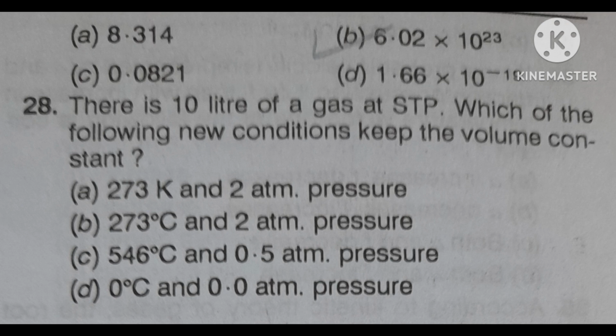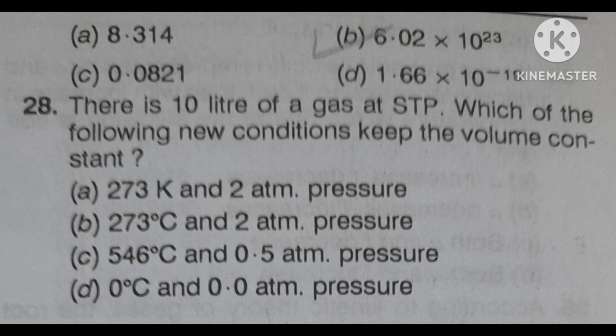P1 is 1 atmospheric pressure and T1 is 273, so you will get 1 upon 273.